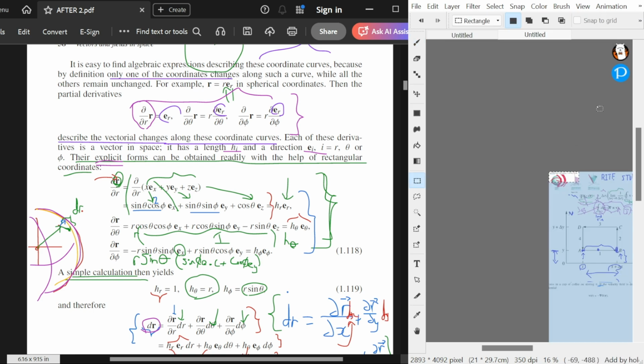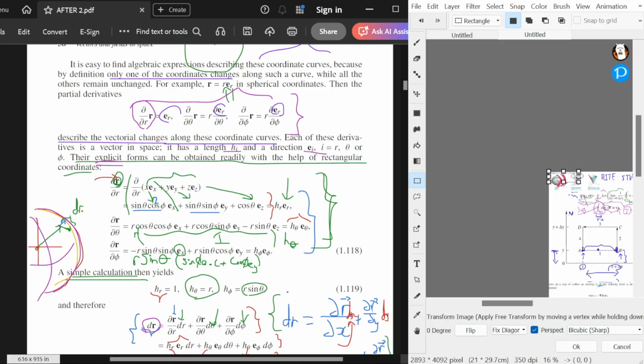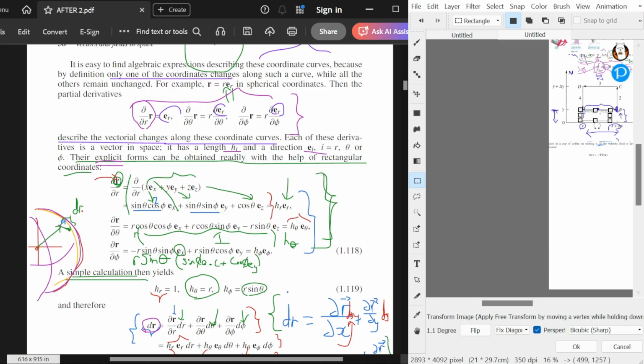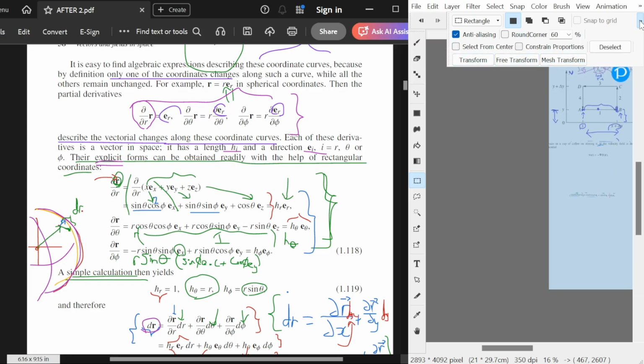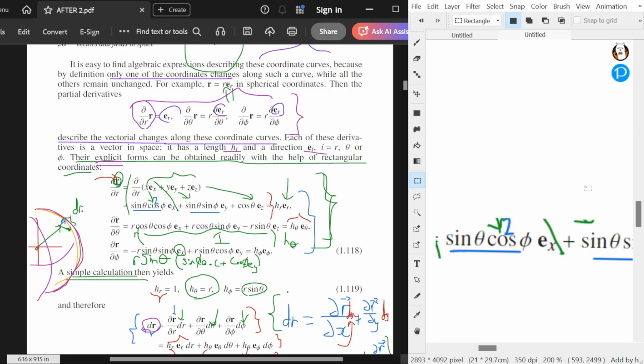You select, transform. Bring this guy down here. Make him a little bit bigger. Maybe that's too big. Transform. Deselect. Let's zoom in.